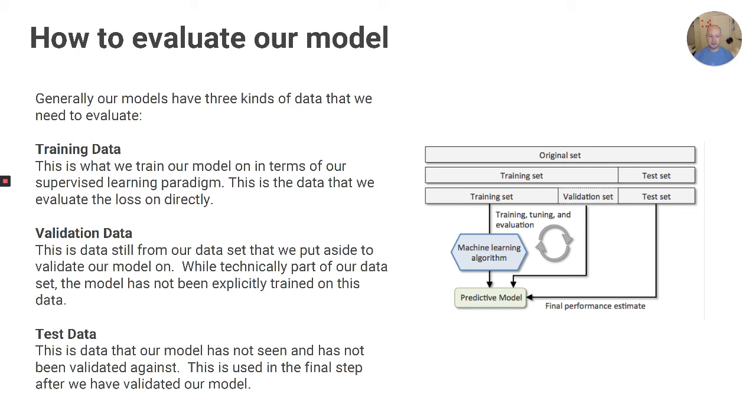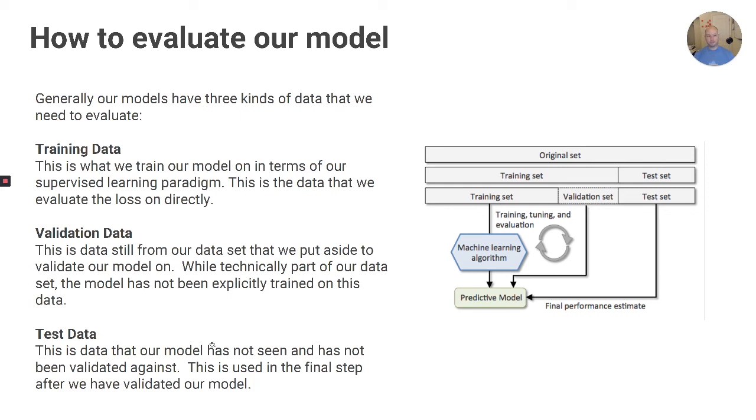So the test set is really what tells us how well we've done, because the test set is data that the model has not been trained on and not validated on either, right? Often what you'll see is models that have very good training loss, and the validation loss is pretty good too, and then the test loss is worse than that.